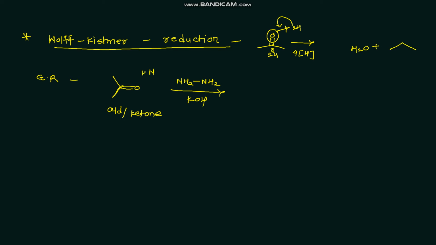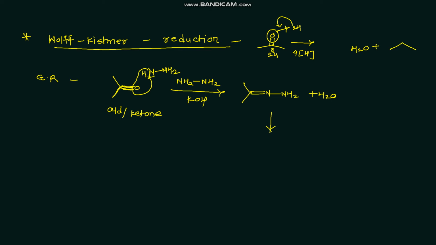First, this is the hydrazine. This NH2 and this oxygen combine, and here we get an NH2 by removal of water. Here this N is directly attached to this double bonded carbon and water is eliminated.